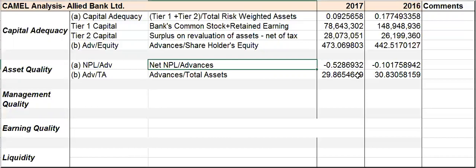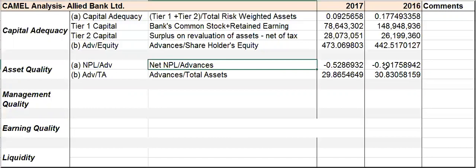But we cannot say they are doing well on the basis of just one ratio, because they will perform well if they give more loans and their recovery is good as well. In 2016, their advances to total assets ratio is 30%, and they are unable to recover only 0.10% of their advances.